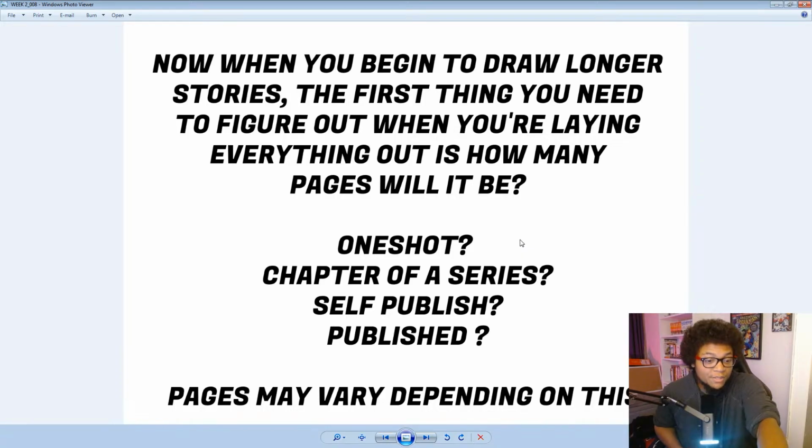So 300 pages, that's pretty long. Selling it at $15, some people don't want to spend $15. If they do, that's awesome, but I would still just make $5 from it.